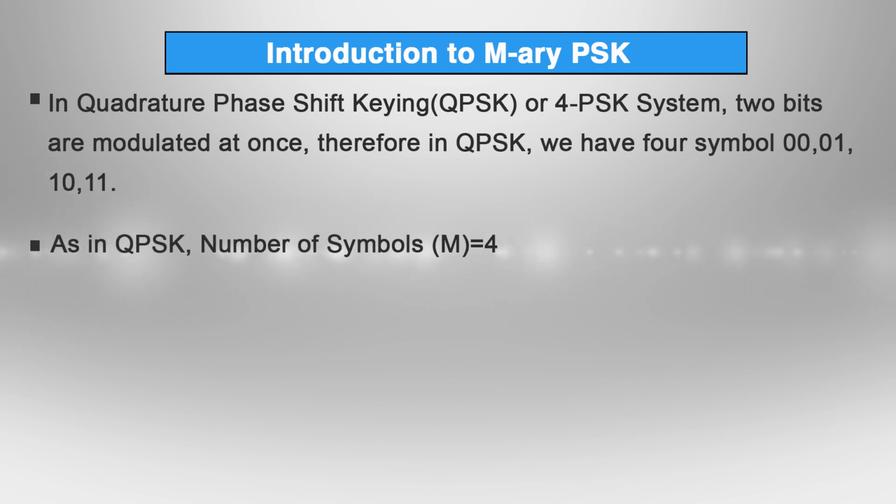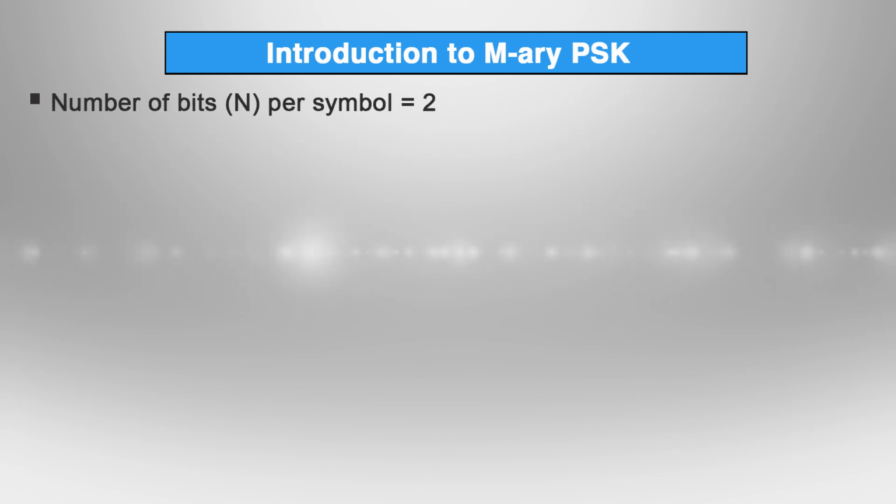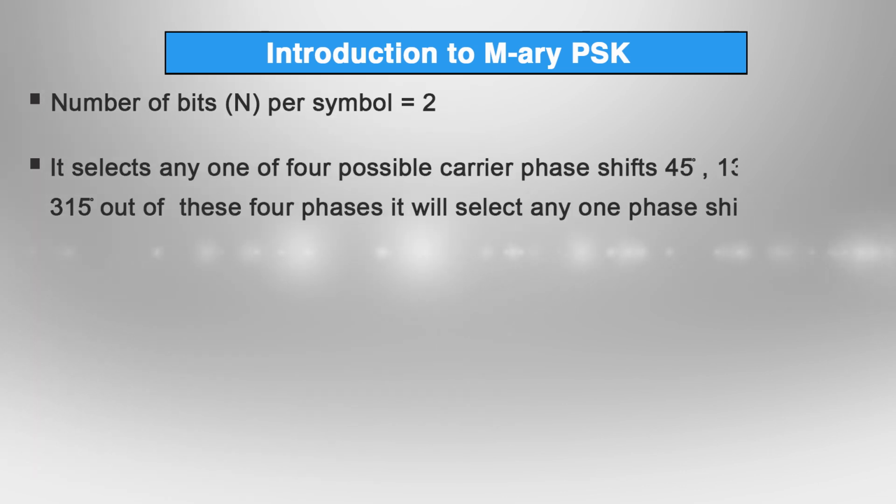In QPSK, the number of symbols M is equal to 4, the number of bits n per symbol is equal to 2, and the phase shift between two symbols is 90 degrees. It selects any one of 4 possible carrier phase shifts, that is 45 degrees, 135 degrees, 225 degrees and 315 degrees. Out of these 4 phases, it will select any one phase shift in the carrier.